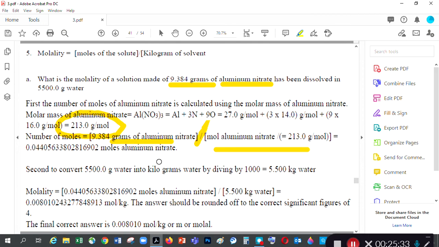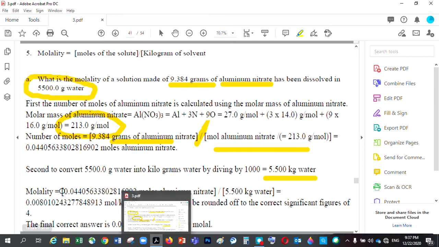This is the solute moles. For the solvent, you have to convert 5,500 grams into kilograms by dividing by 1,000. Then at the end, take the number of moles and divide by the kilograms of H2O. You get your molality. Rounding to the correct sig figs, you end up with 0.0081 mole per kilogram.